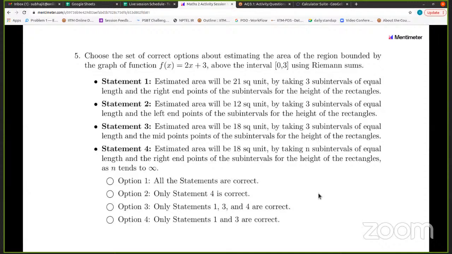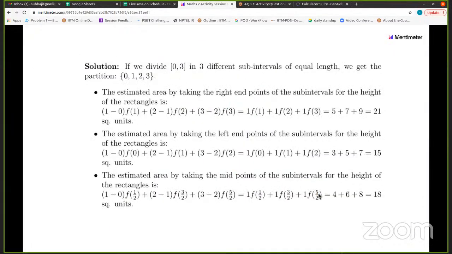So f0 into 1 plus f1 into 1 and f2 into 1, right? So what are we getting here? 15. Is it? Have I calculated it wrongly? It should be 21. The first one is f1 into 1, f2 into 1 and f3 into 1. That means 5 plus 7 plus 9, which gives 21 square units. So the first statement is correct.